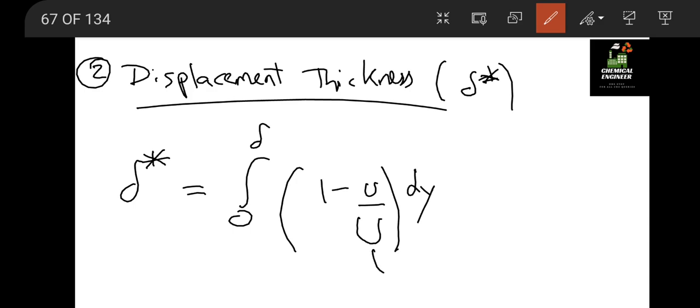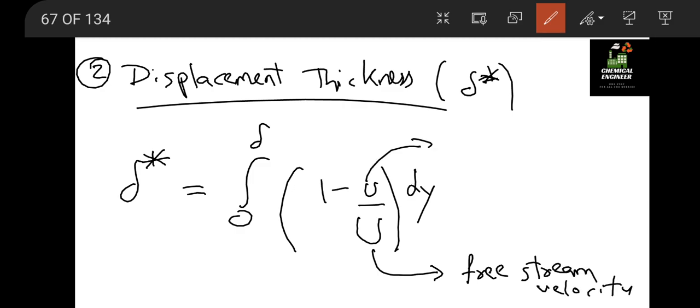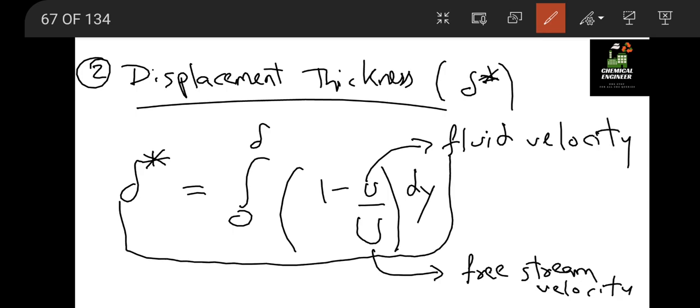Okay, so this capital U is the free stream velocity and small u is the fluid velocity. So this is the formula for calculating the displacement thickness. Directly remember it. What displacement thickness is, we are not going to discuss now. We are concerned only with the formula as of now.